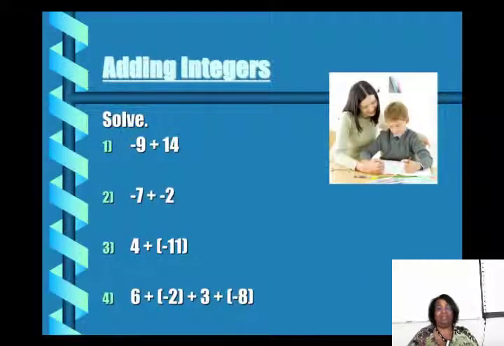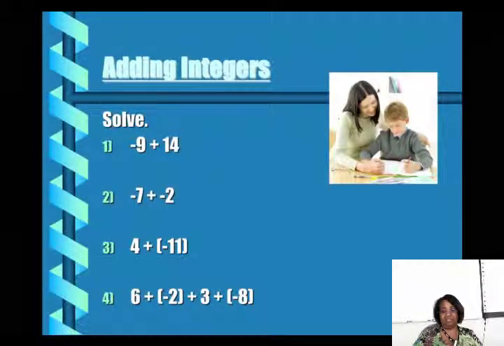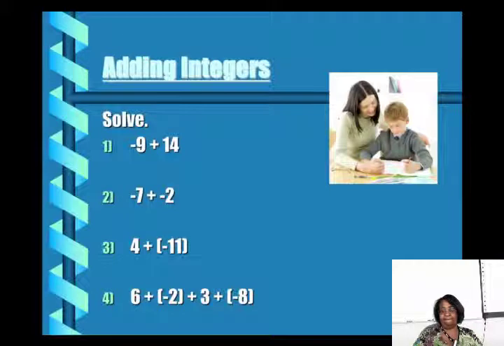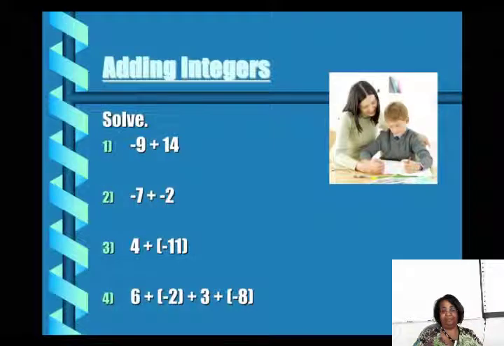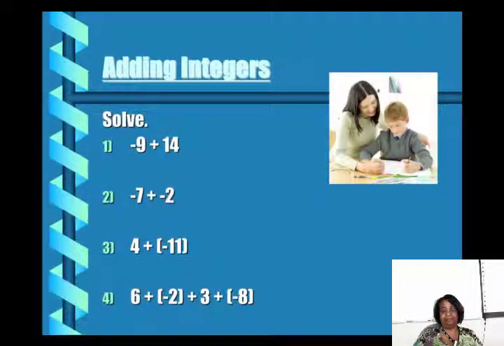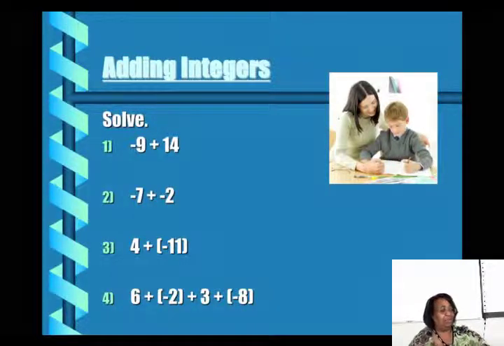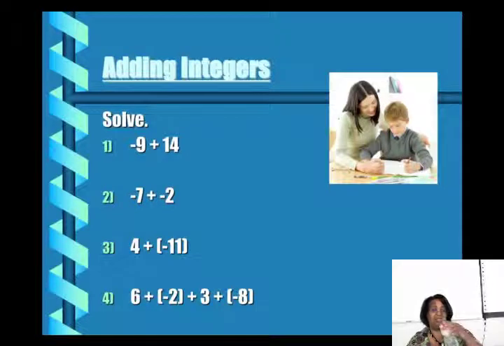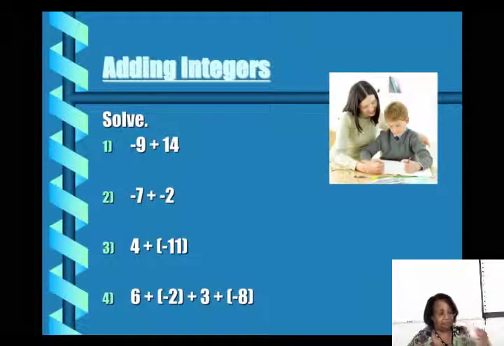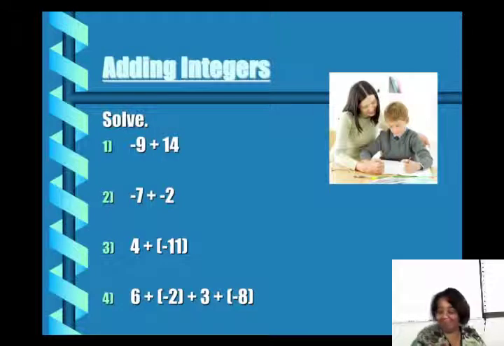All right, so take a minute and do these problems, and let's make sure you got it. This is a review from yesterday, yesterday's assignment. Why don't you come on up and put some answers on the board, and let's see what y'all get.